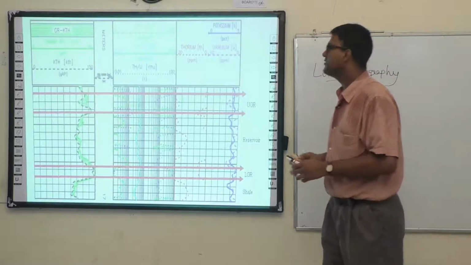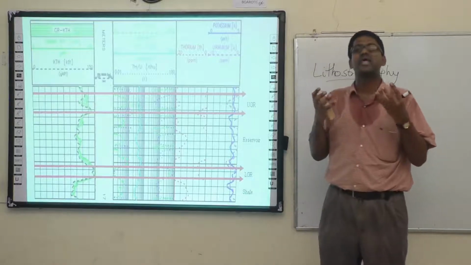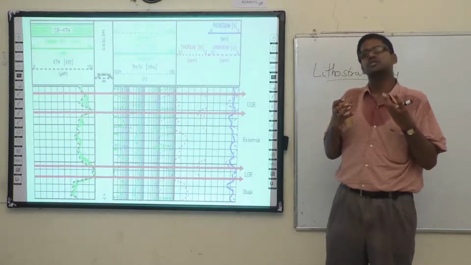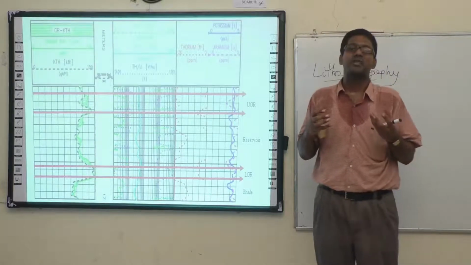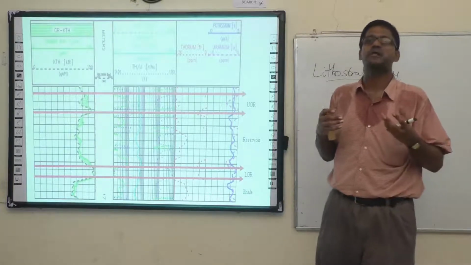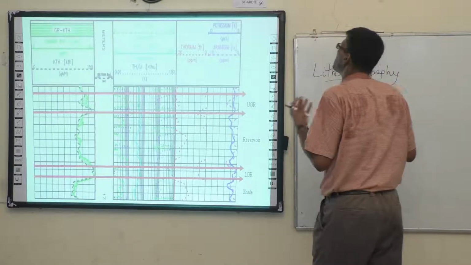Now the names given to that lithology are area specific. Since the Kaveri Basin, and in particular the Ramnath sub-basin, is present in Tamil Nadu, they have given Tamil names.